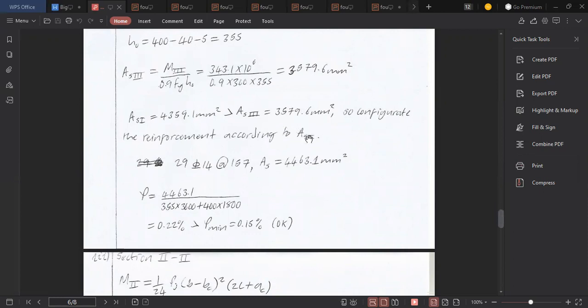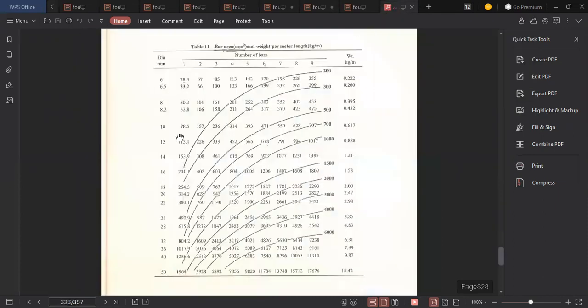You have to design this yourself. The first thing you can do is choose your diameter. Diameter can be anything from this table. I'm using the table from the textbook, Design of Concrete.